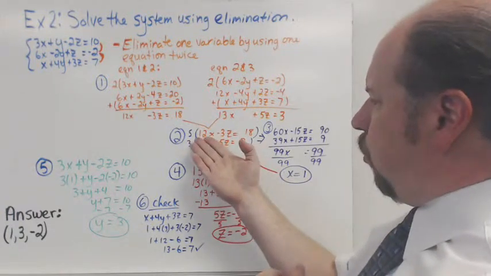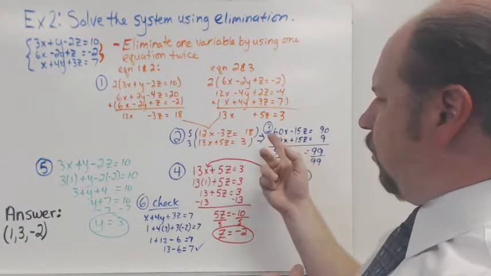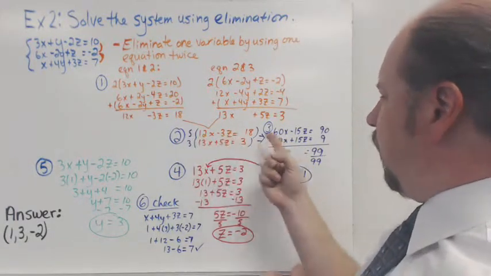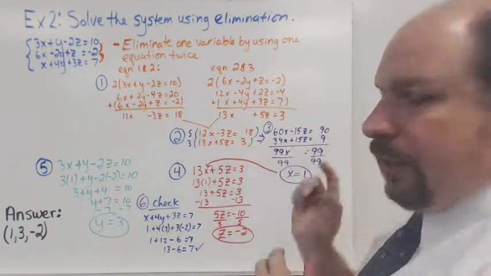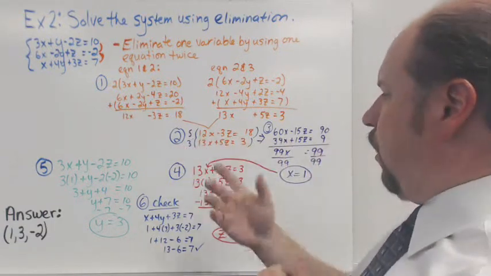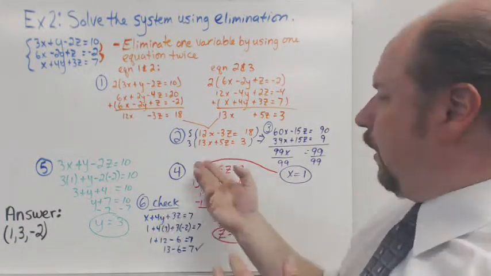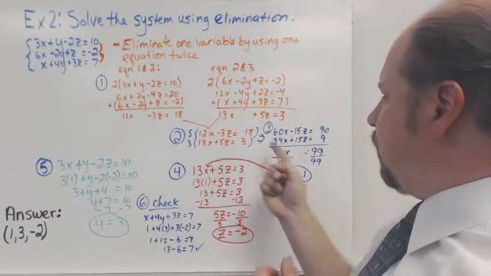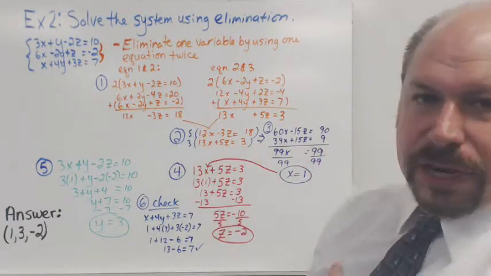When we multiply through by 5, 5 times 12 is 60x, and 5 times -3z is -15z. 5 times 18 is 90. And for the bottom equation, 3 times 13x is 39x, and 3 times 5 is 15z. 3 times 3 gives us the 9.